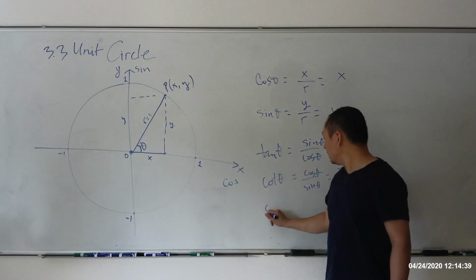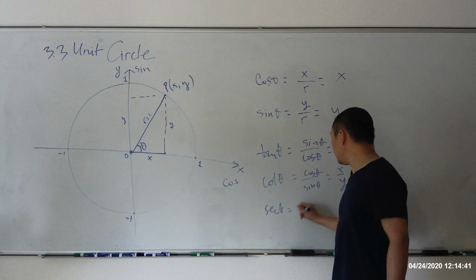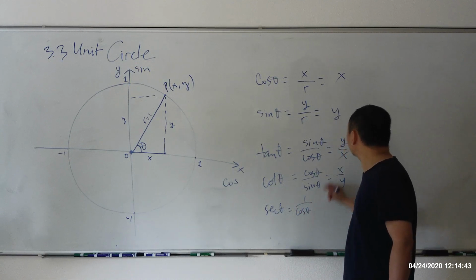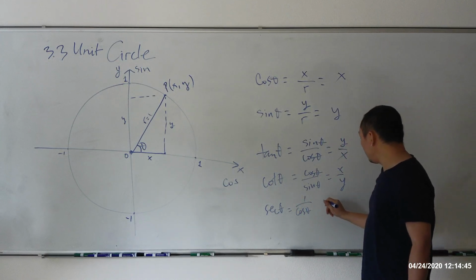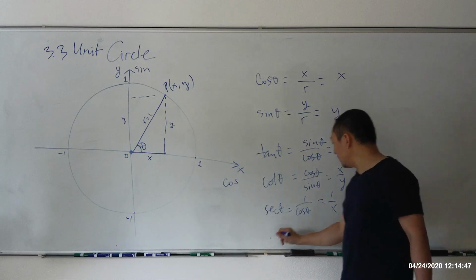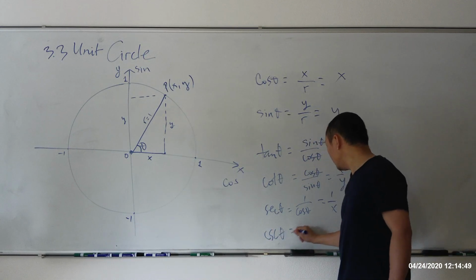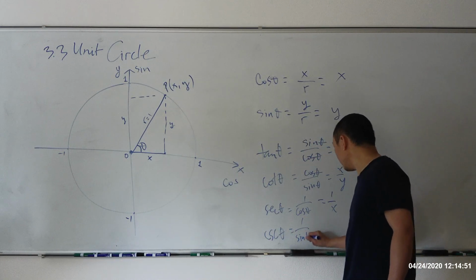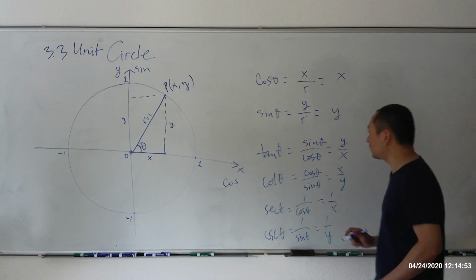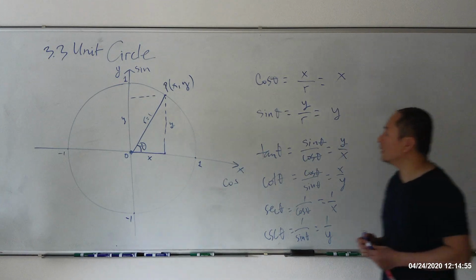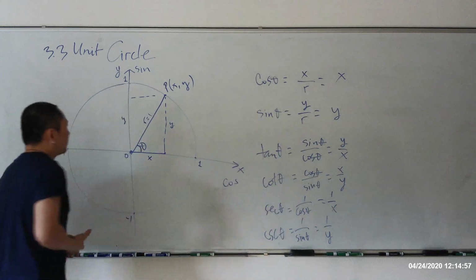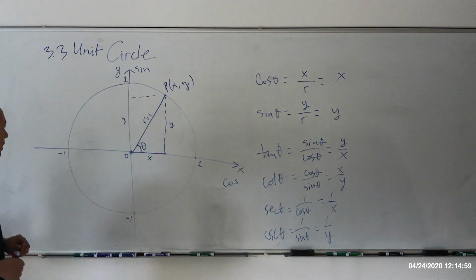Secant theta is 1 over cosine theta. Cosine is x, so 1 over cosine is 1 over x, and cosecant theta is 1 over sine theta, which is 1 over y. So you can learn the trig functions using the unit circle.